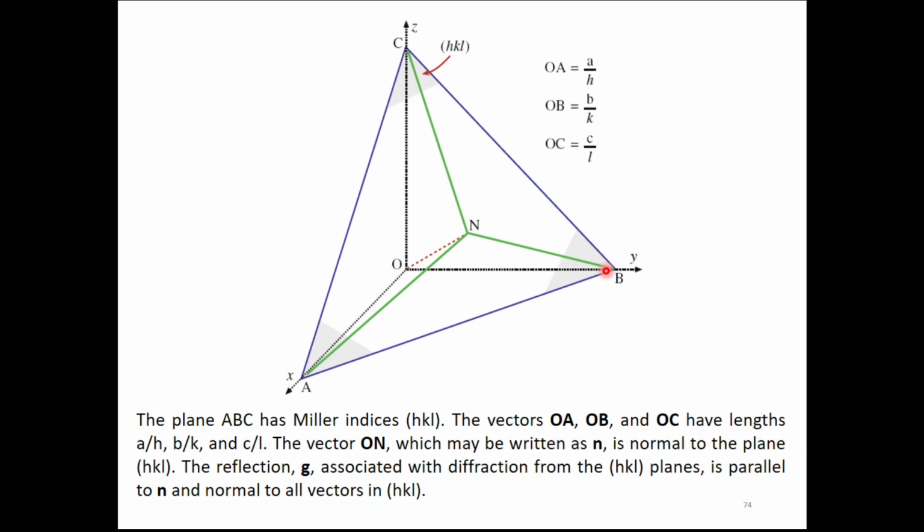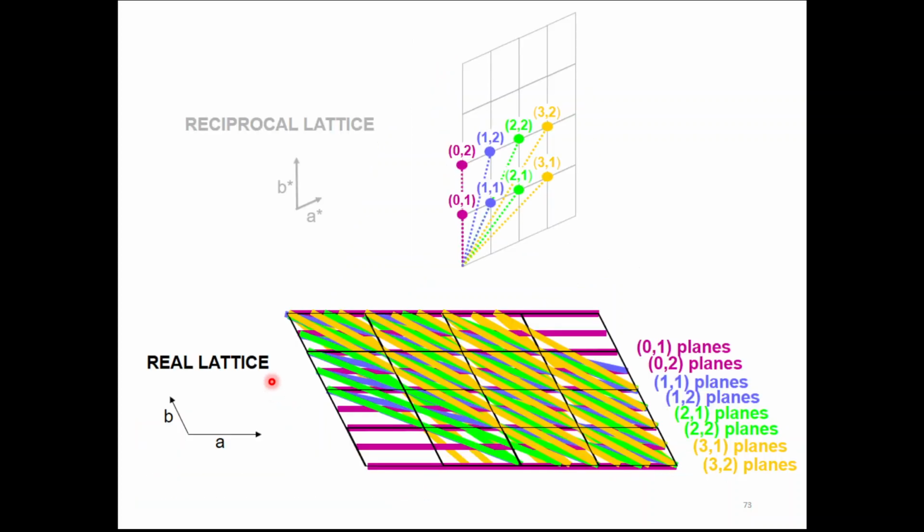And as you saw, we can define a general vector which is the admixture of a star, b star and c star, denoted by G. This vector G is always perpendicular to the HKL plane, as you saw in here.